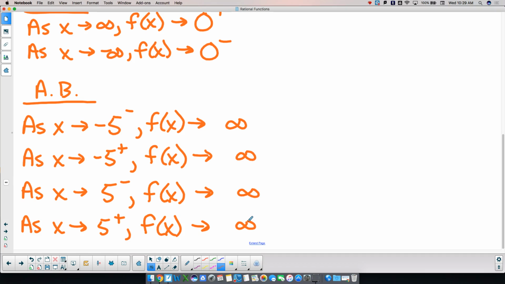Okay? So my function again was x over x squared minus 25. So I need a number to the left of negative 5. That's going to be negative 5.01.